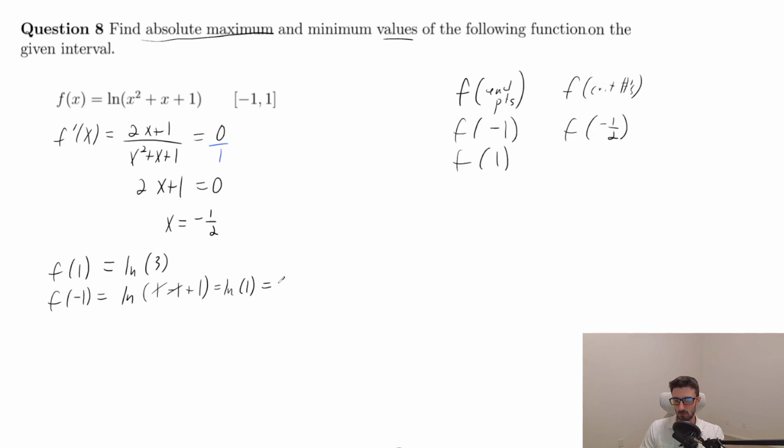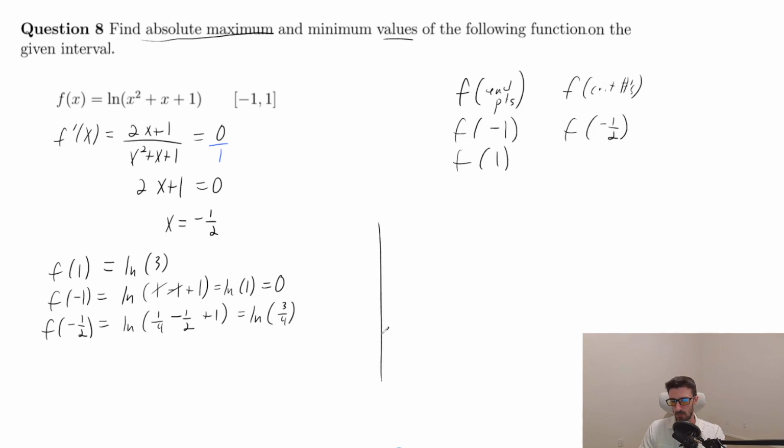And ln of 1 is 0. And now I gotta plug in f of -1/2. That's ln of 1/4 minus 1/2 plus 1, which is ln of -1/4 plus 1, which is ln of 3/4.